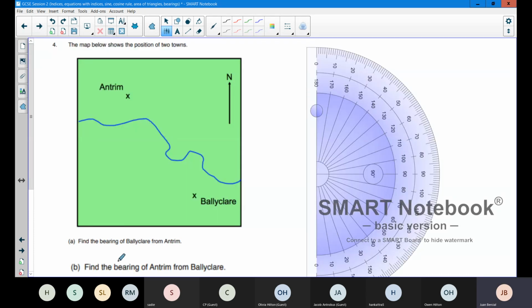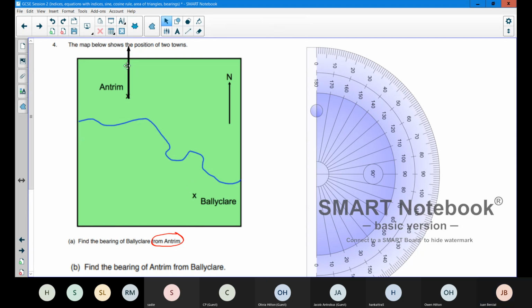Okay, and then here it says find the bearing of Ballyclare from Antrim. Remember it says from Antrim. Then what I need to do is to put an arrow, a vertical. So that's my north. So it's from Antrim.